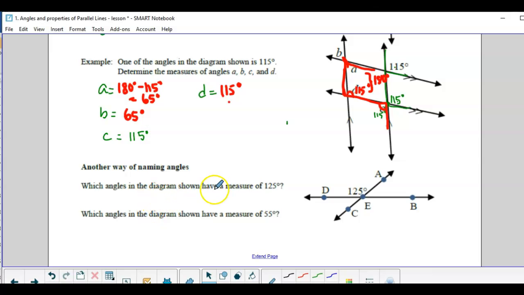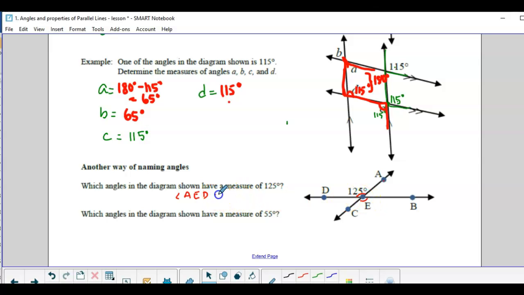So which angles in the diagram shown have a measure of 125? So this one here, and this one here. So angle AED. All right, so you have to start at one of the end points, not in the middle. The middle letter is where the angle is.